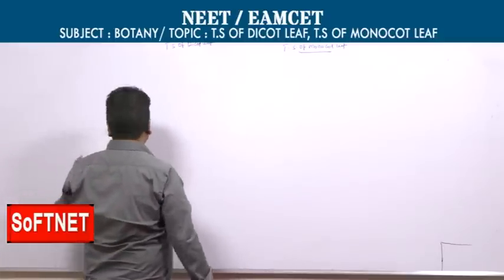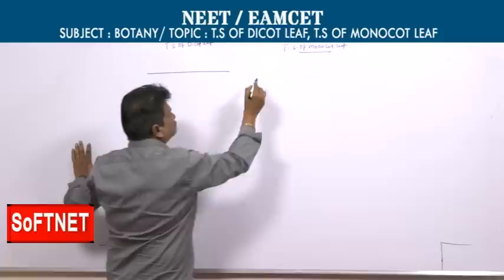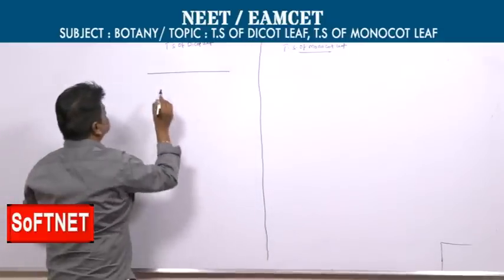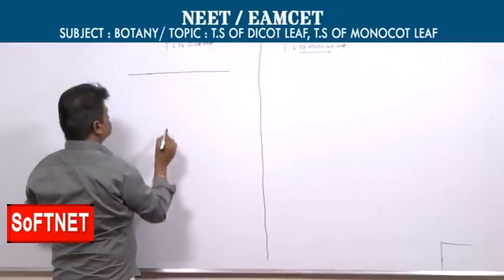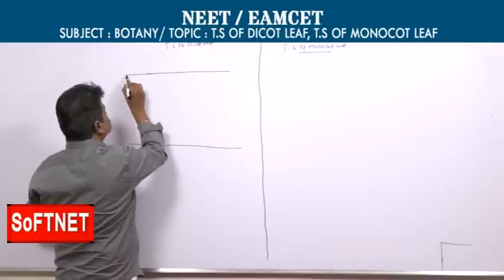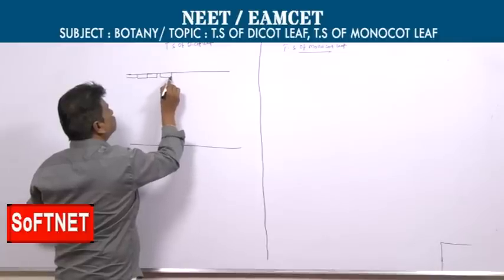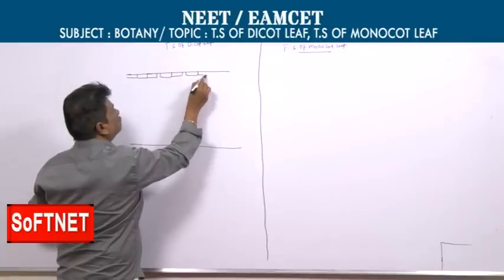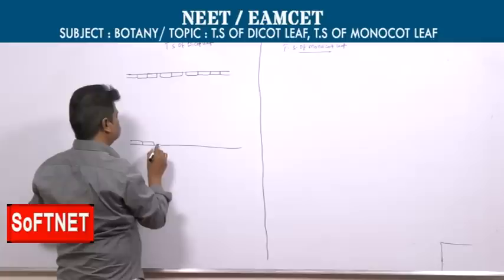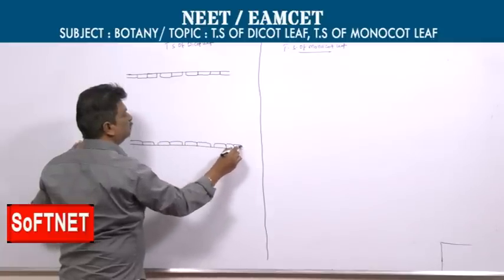Next, T.S. of dicot leaf and monocot leaf. Both leaves show epidermis, mesophyll and vascular bundles. So, in dicot leaf, the epidermis is present on both sides.